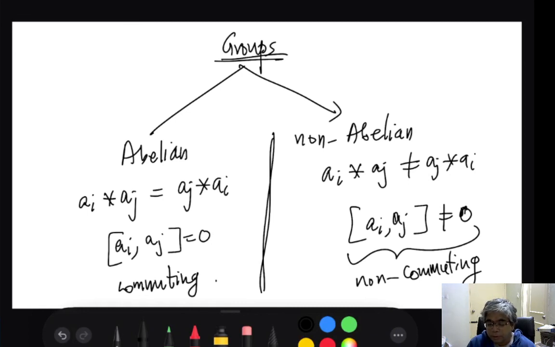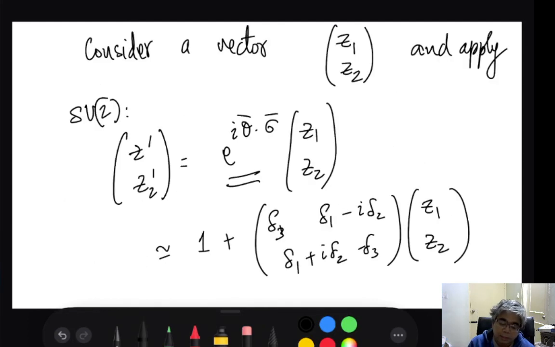What I tried to summarize is only the final results of the group theory. I have not derived any of these final things. I just said that unitary groups are represented by an exponential times some Hermitian matrices, and these Hermitian matrices are called generators.